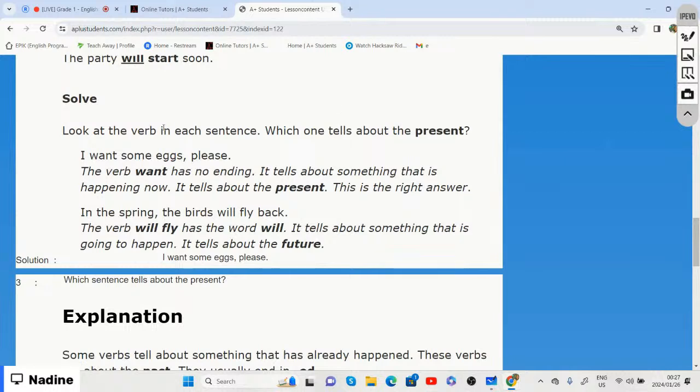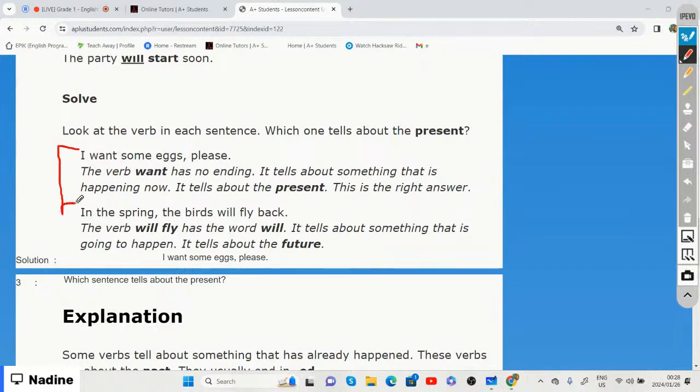If we look at this sentence, it says, I want some eggs, please. So the verb want, I want eggs.